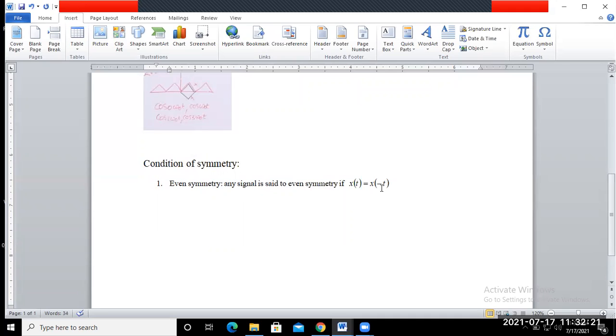If any waveform follows this condition, that means x(t) equals x(-t), then that waveform is known to be even symmetry.